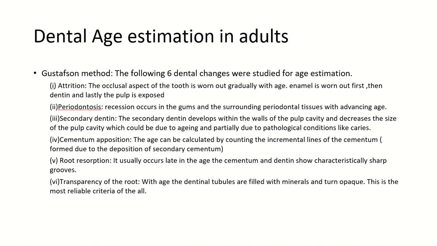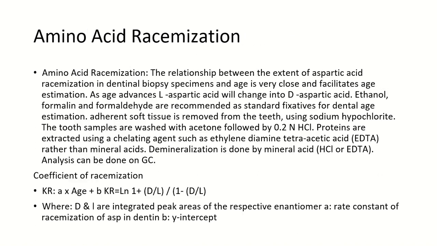The last one is the transparency of the root. So with age the dentinal tubules are filled with mineral and turn opaque. Amino acid racemization: as the age advances, the L-aspartic acid will change into D-aspartic acid.